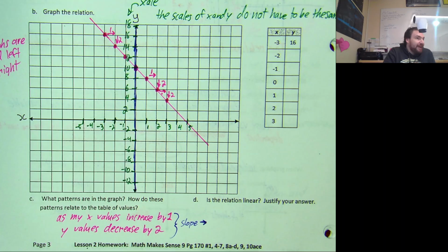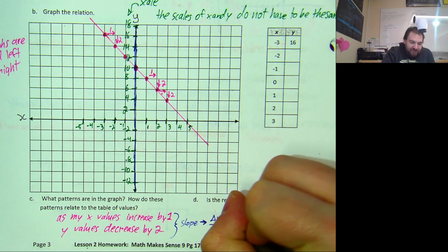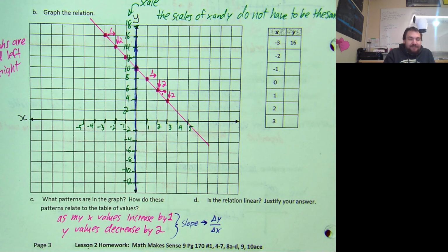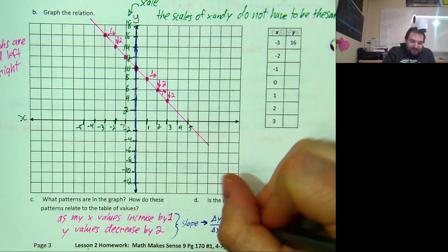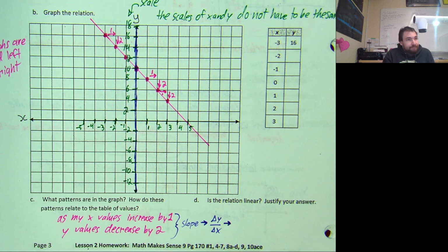Slope is the ratio of change in y over the change in x. So for this graph, what's my slope going to be?